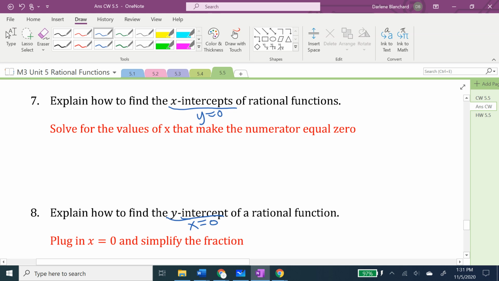If y is equal to 0, then you are dealing with a polynomial divided by a polynomial equaling 0. And hopefully it makes sense to you that the only way for a fraction to equal 0 is when the numerator is equal to 0.